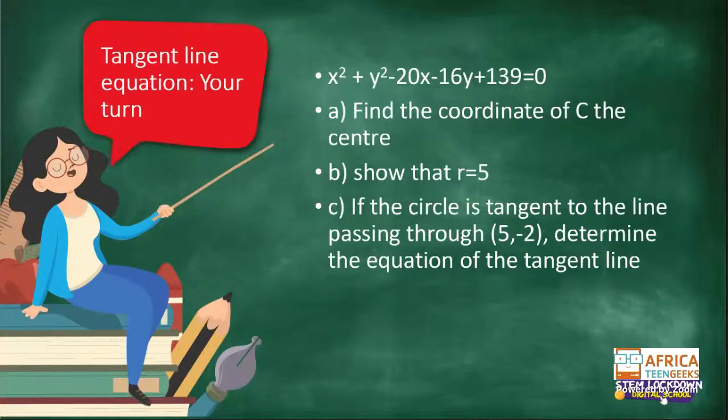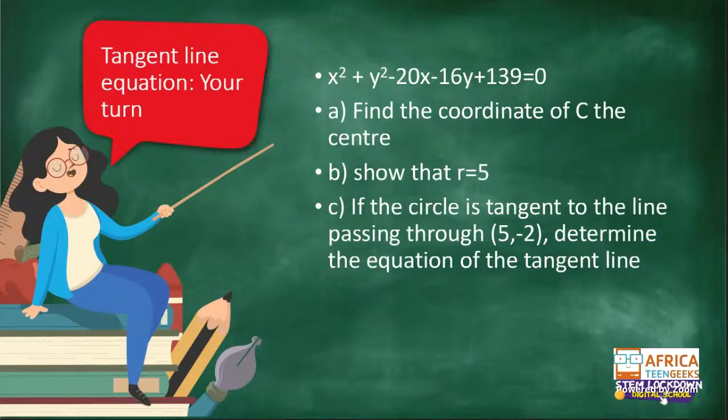So what you have to do here again, you're going to see that this equation is written in a similar form to what we just did. So the first thing that you have to do here is to write the equation in the standardized form. You have to write x squared plus y squared minus 20x minus 16y plus 139 equal to 0 to the standardized form, which is (x minus a) all squared plus (y minus b) all squared equal to r squared.